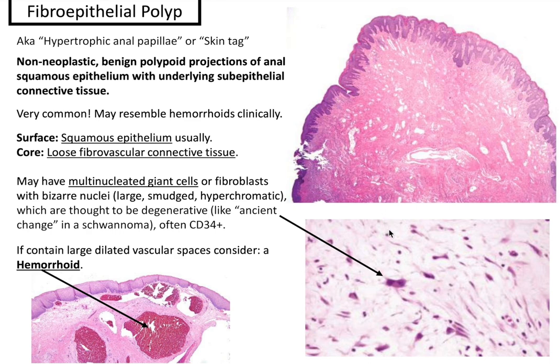And as you look closer, you may have multinucleated giant cells or fibroblasts with bizarre nuclei that are large, smudged, and/or hyperchromatic, which are thought to be degenerative, akin to your ancient change in a schwannoma, and often CD34 positive. If there are large dilated vascular spaces plus or minus thromboses, consider a hemorrhoid.